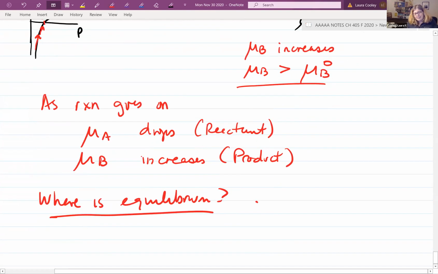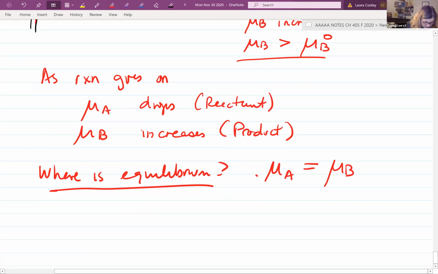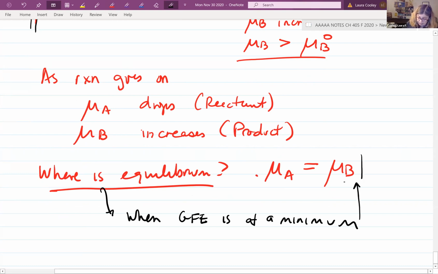Well, it turns out that it's actually when these two things equal each other. But I didn't prove that to you. I'm going to show you more of that later. But what we definitely know about this equilibrium is that it happens when the total Gibbs free energy is at a minimum, and that actually happens when this is true. But I haven't proven that, but I'm getting there.